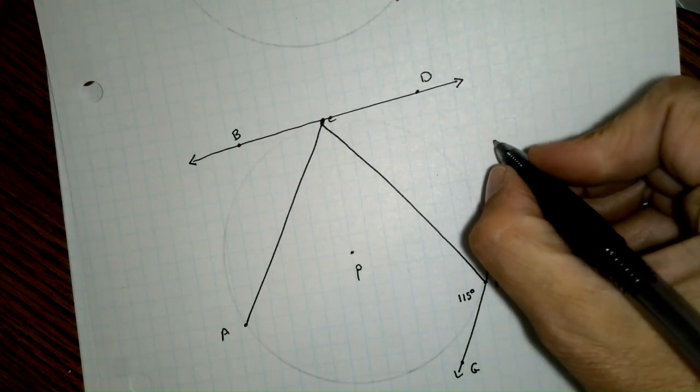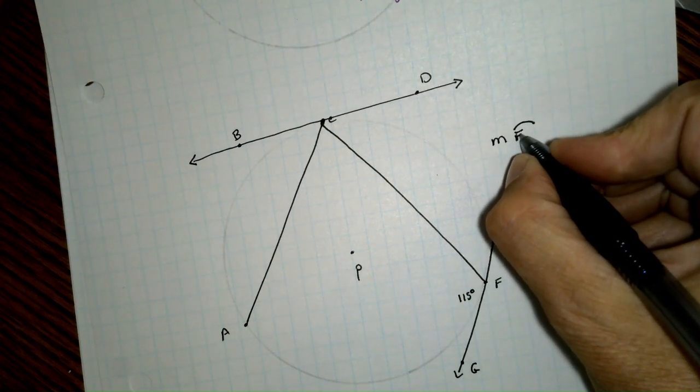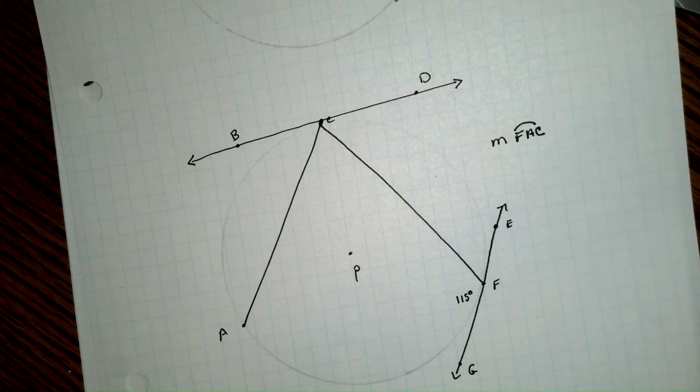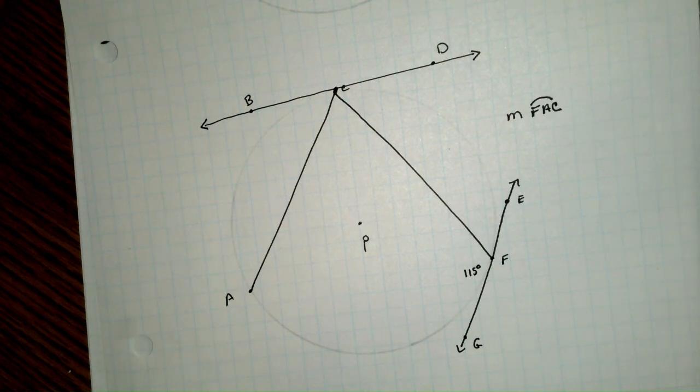Find the measure of arc FAC. I did forget to put one number on there. AC is 88 degrees.